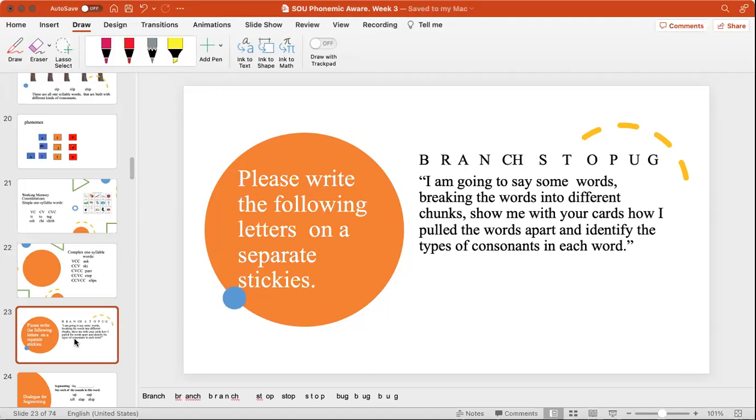But I'm going to say some words, breaking them up into different chunks. And then I'd have my students show me with the cards how I pulled the sounds apart.